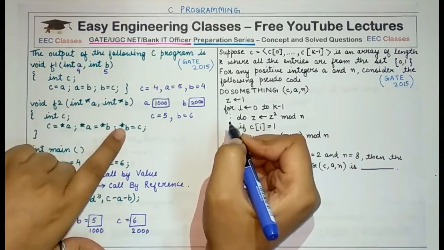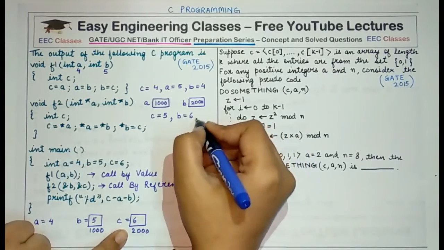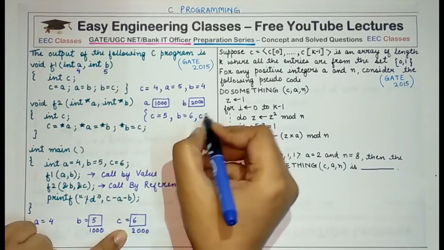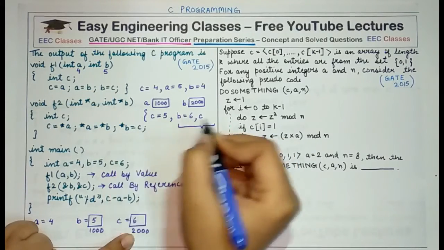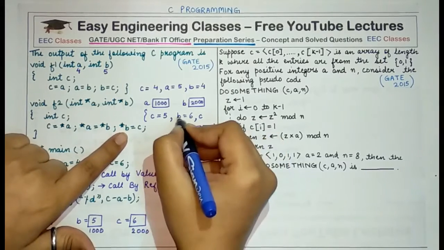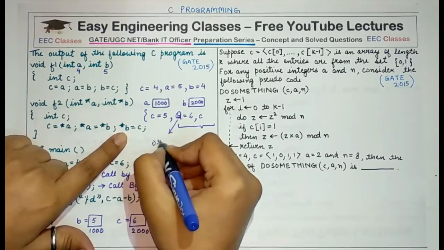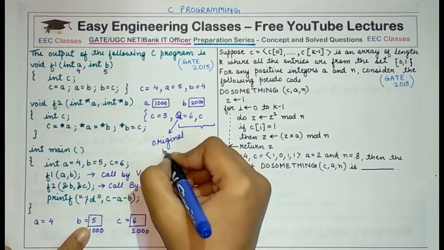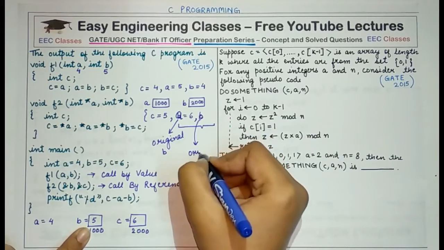And the last statement, star of b equal to c. Star of b means the original c. So the original c would now be changed to the value of the local c, which is 5. Here a is actually the original b, the b present in main, and this b is actually the original c.